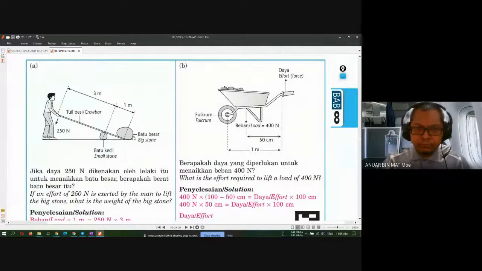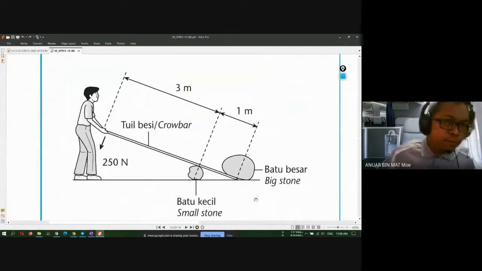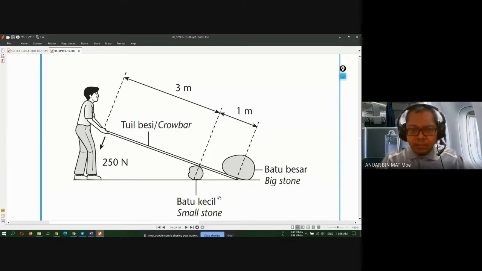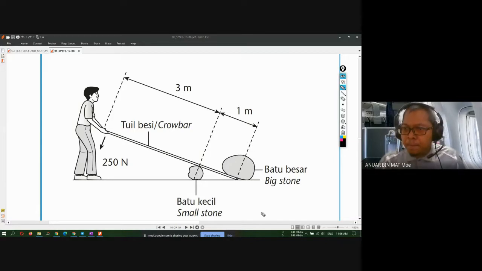So what do you want to find here? You need to identify the effort, the distance from the effort to the fulcrum, and also the distance from the load to the fulcrum. For this type of question, you can refer to page 107. The information is all in here. It already gives you the distance, for example the 3 meter over here.